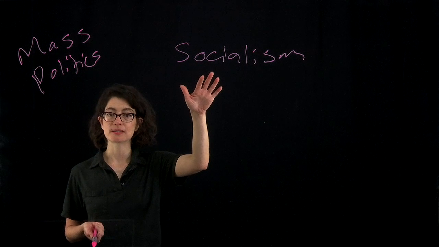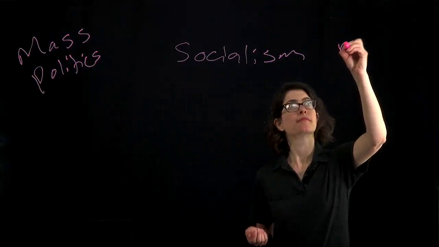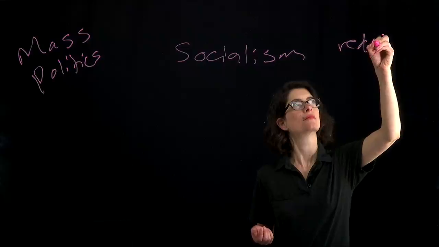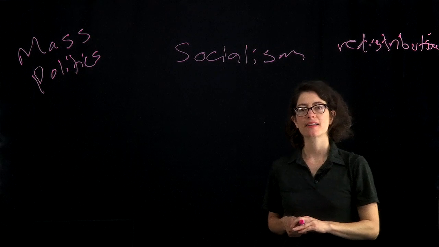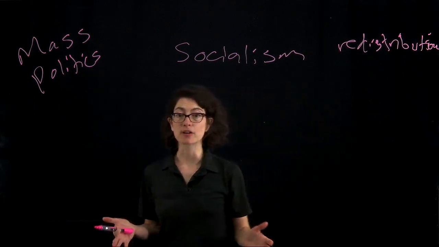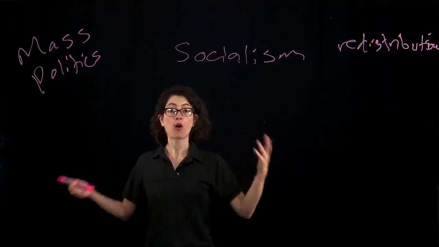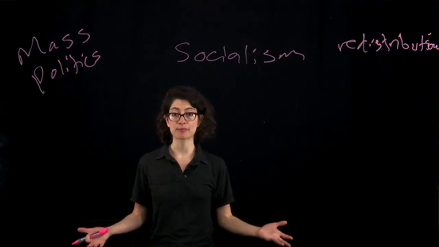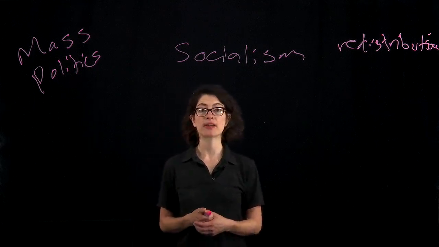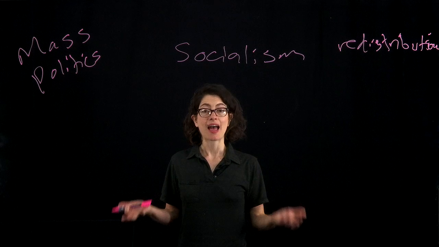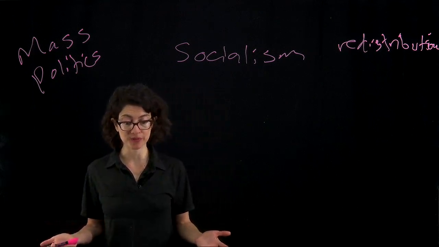But socialism is a particular form that demands redistribution. That is, it demands that economic goods, land, factories, all of the products of factories, the mass-produced products that began to become available in the early 20th century, be available to workers, to those who actually produced them.